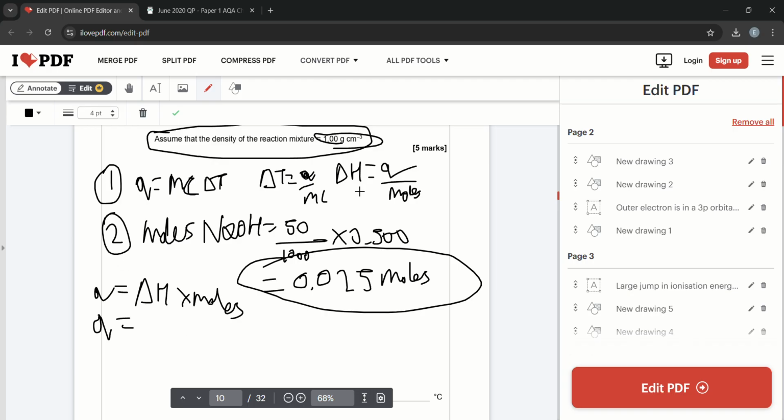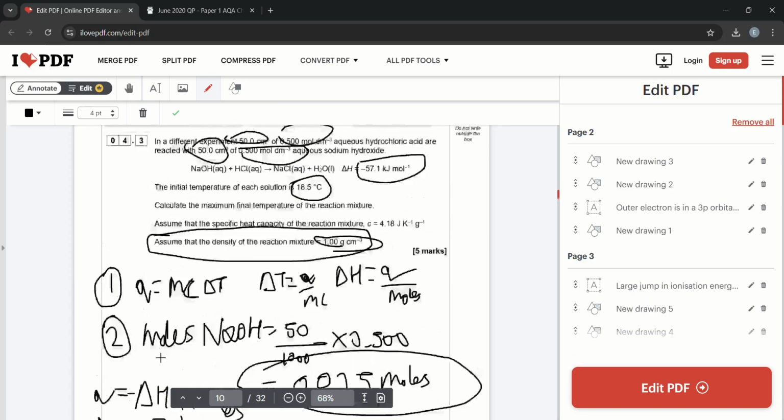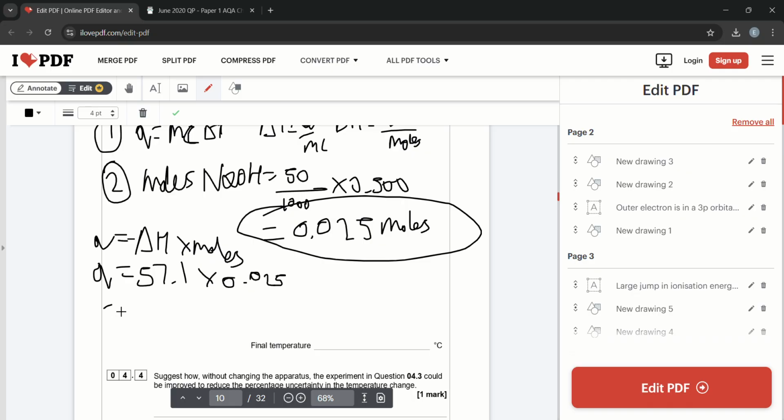Delta H is equal to Q divided by moles. Q is equal to minus delta H times by moles. It's going to be 57.1 times by 0.025. Think about if Q is negative, the heat energy released is negative, so we're not releasing any energy. It needs to be positive.